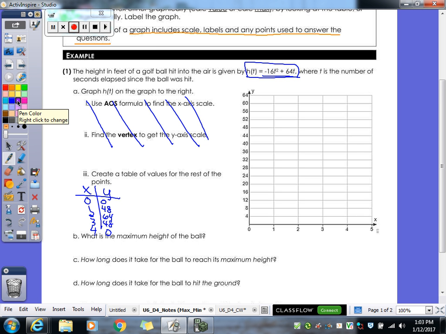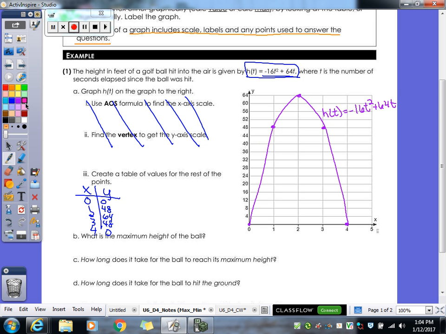So once you have your table, go ahead, plot your points. We always have to remember to label our graph when we draw it.